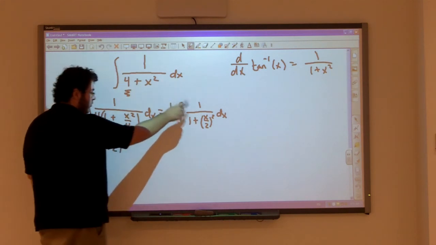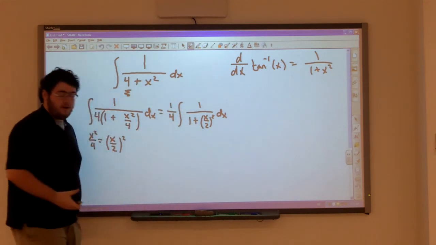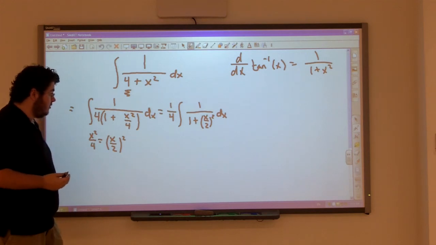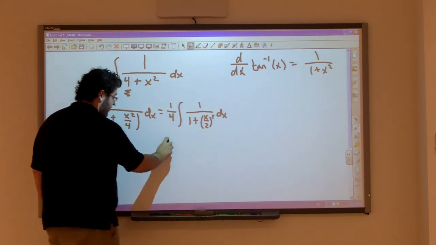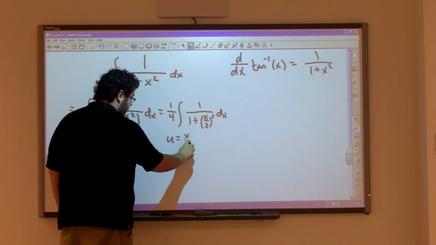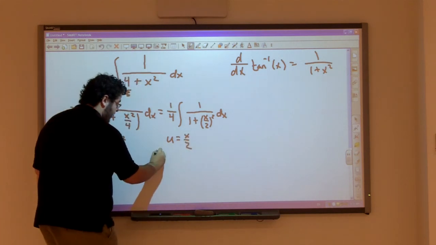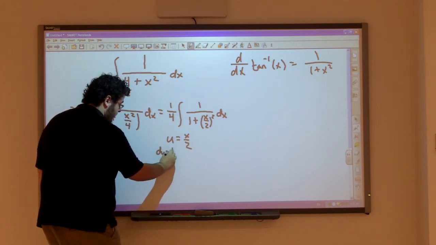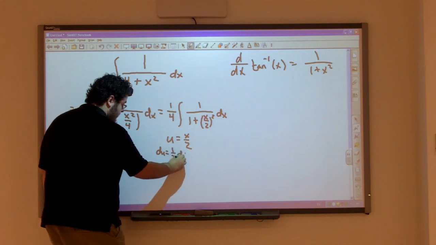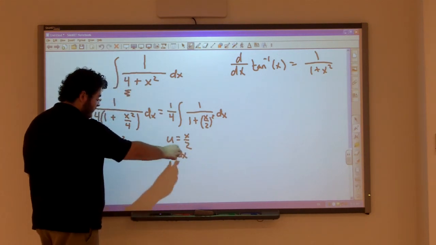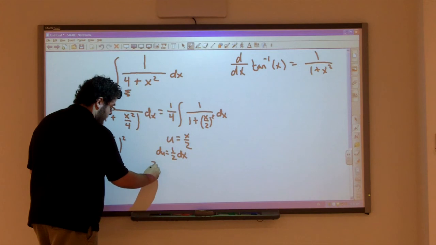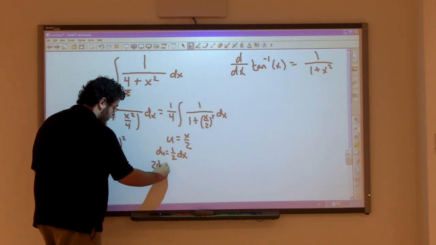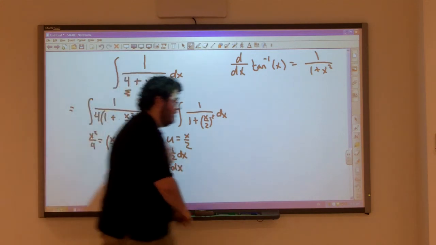We have 1 over 1 plus something squared. So this something we're going to call u. So we're going to say u equals x over 2. So we have du is 1/2 dx, if you just take the derivative and move the dx over. So we have 2 du is dx.